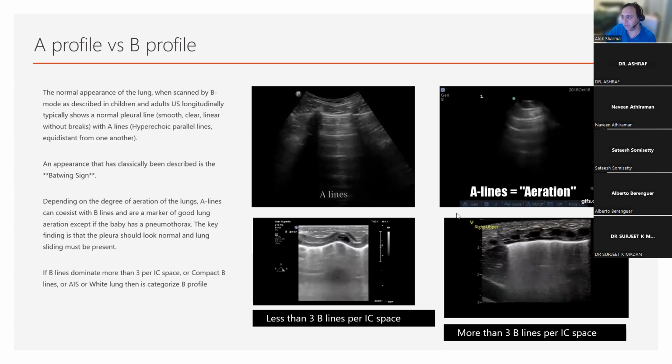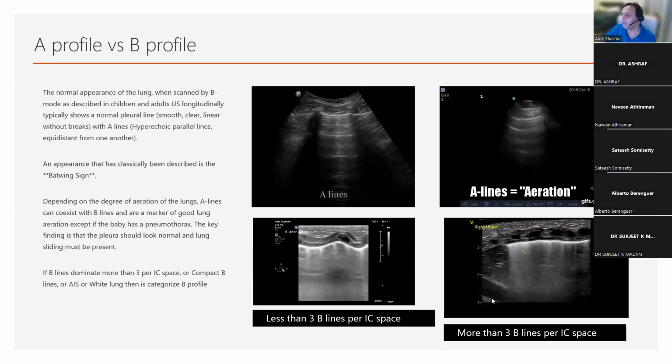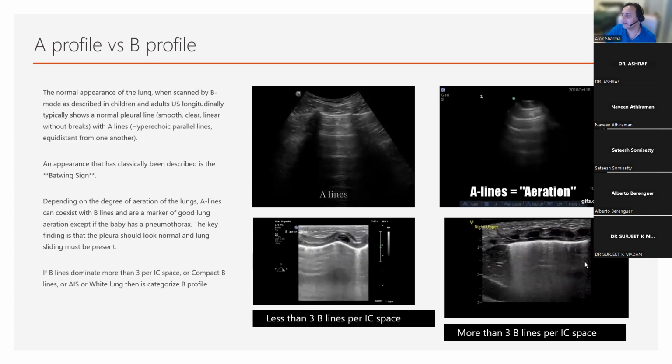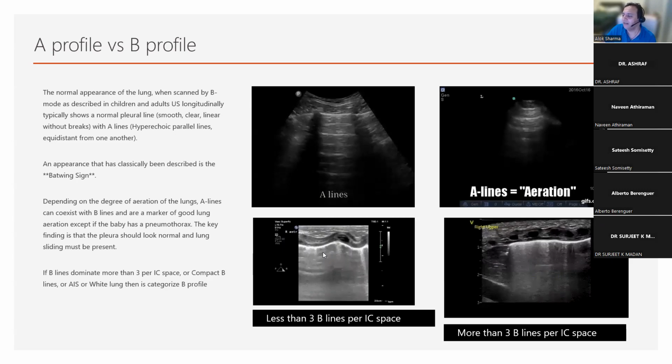But as soon as he's born, from our perspective, you're going to get a transitional profile, which moves from this profile that you can see over here, where you can see more than 3 B lines per intercostal space, with some aeration on the right side, to lung that has less than 3 B lines per intercostal space in all the lung regions, and to lung that then looks completely well aerated.